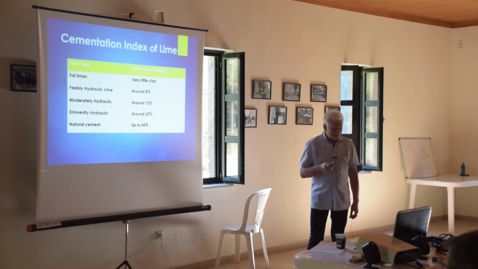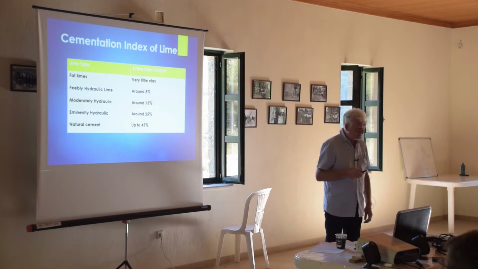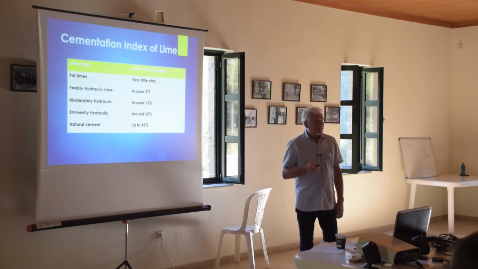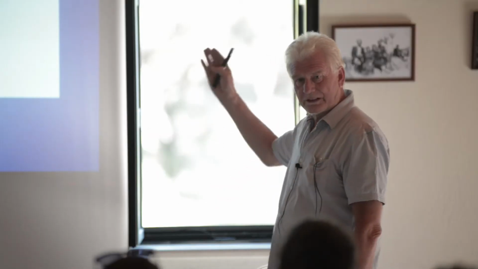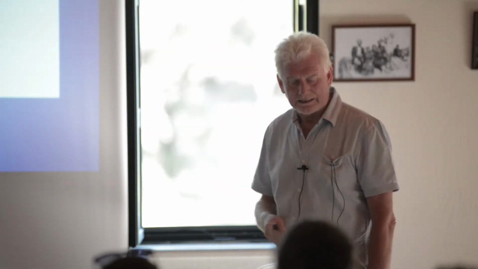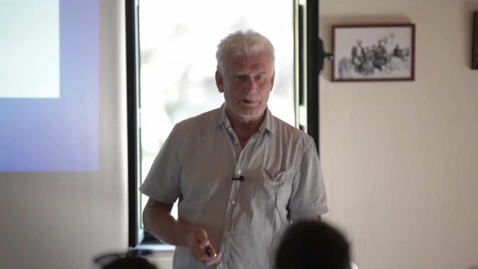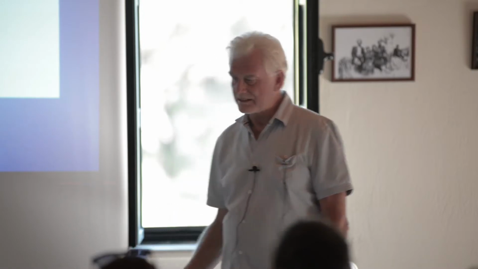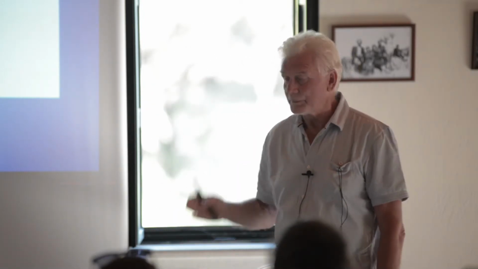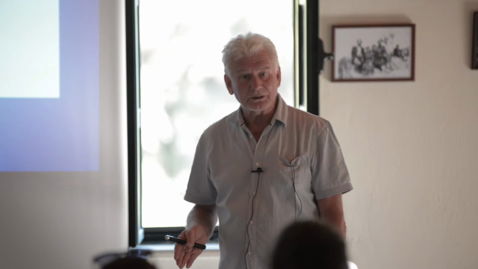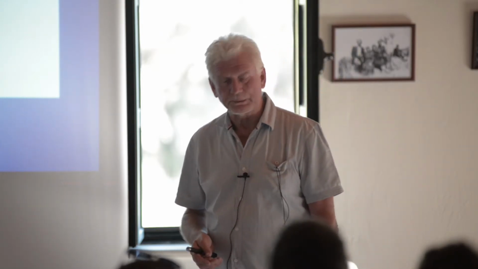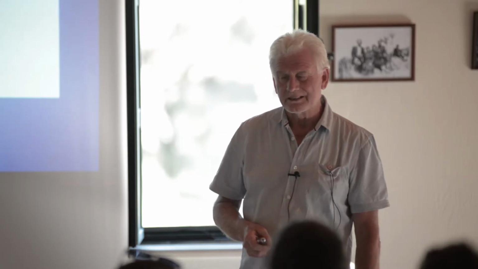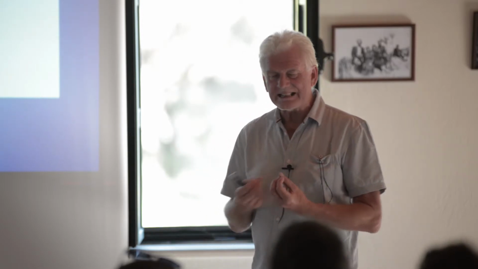This NHL 5, I have to tell you to be very careful if you use it in rendering, for covering the external walls. I learned the hard way because I made a mistake and used it. We rendered an external wall and left it for a couple of days before we wanted to put the next coat on. And I realized that it was setting too quickly.